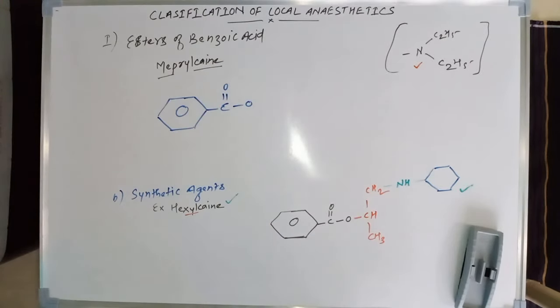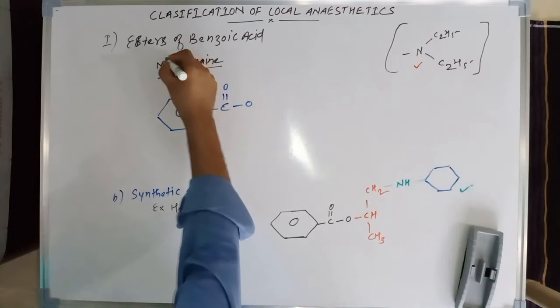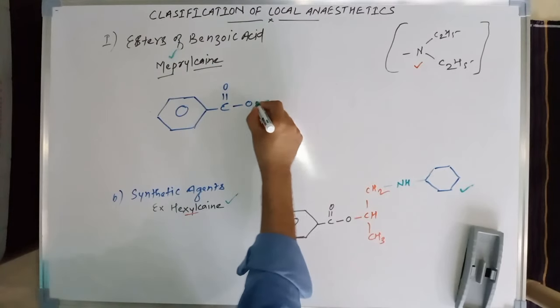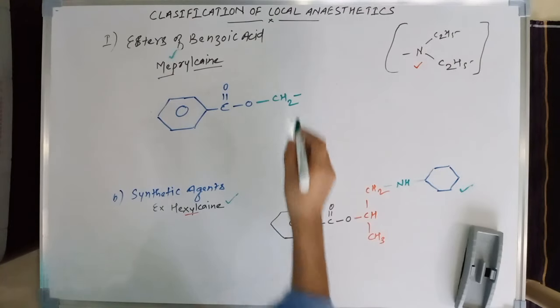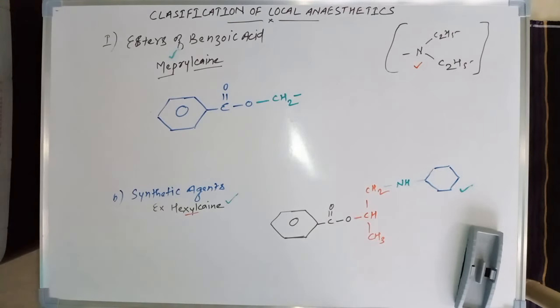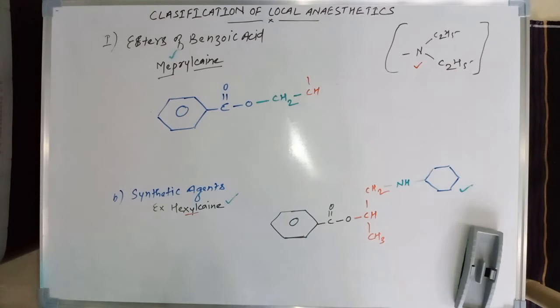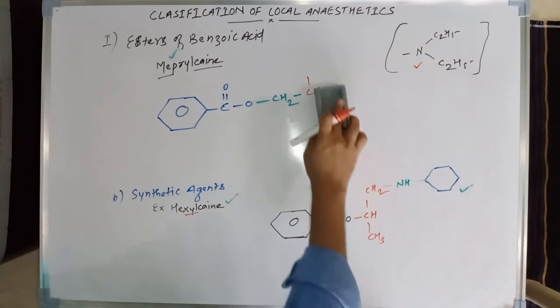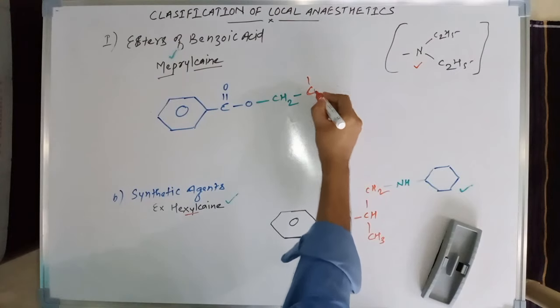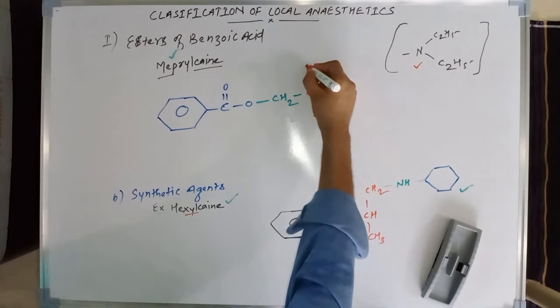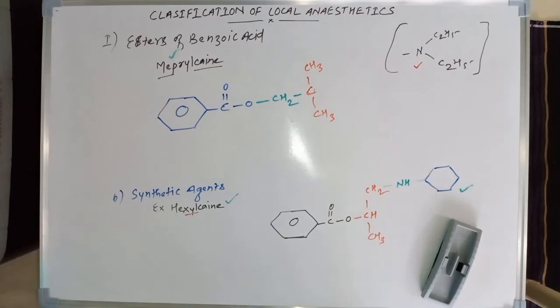Here one extra methyl group is there, then the structure is similar to this one: C, CH3, and again CH3.